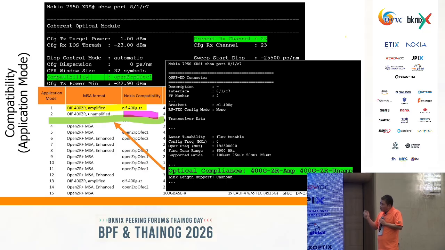One thing I wanted to point out of that experiment was that it was using a Nokia 7950 box, and because it was early days of coherent plugs being tried, there's this concept called opcode, and the OS was picking a wrong operational code.